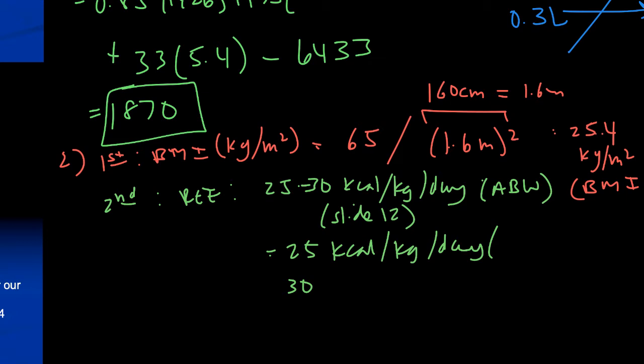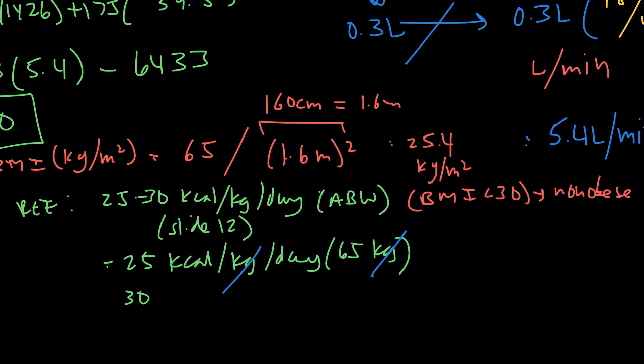She's 65 kilograms, right? So the kilograms cancel, leaving you with the units of kcal per day. So 25 times 65 would give you 1625.